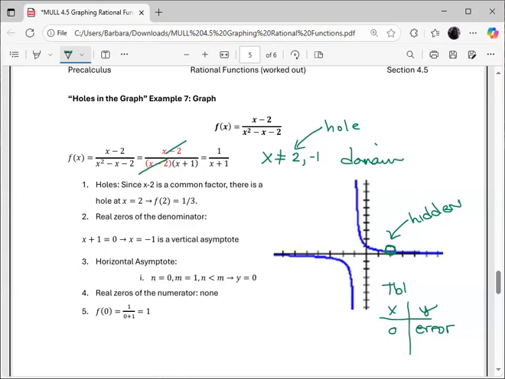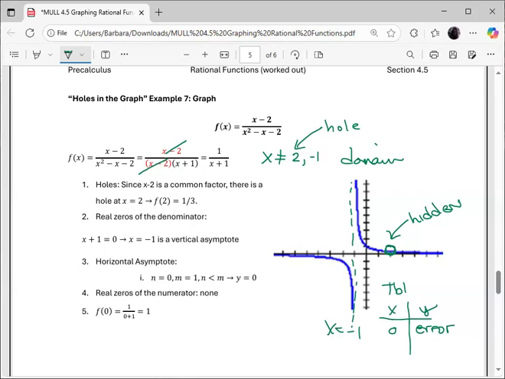The second step is to find the real zeros of the denominator in its factored form, so we can find the vertical asymptote. So x plus 1 equals 0, therefore x equals -1 is a vertical asymptote. The horizontal asymptote is, well, we have to compare the numerator degree and the denominator degree.